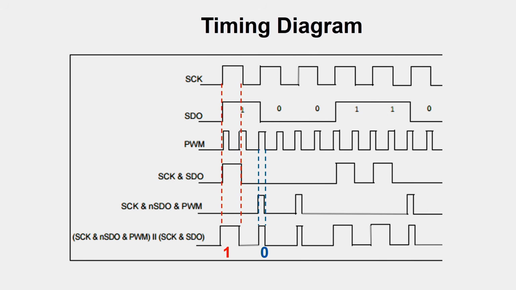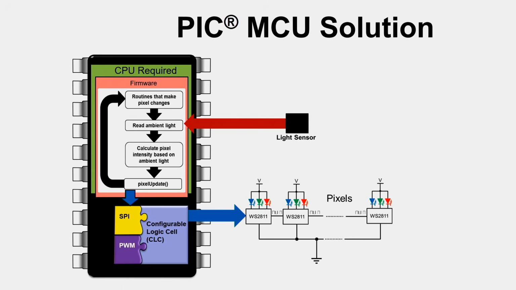So if we boil this down, instead of using that elaborate software routine to create this custom single line serial communication, you've created your own peripheral by combining some peripherals using the configurable logic cell. Now all you have to do is pass your bytes of data into the SPI specifically, and it will output that data in the format required by these WS2811 or 2812 devices.